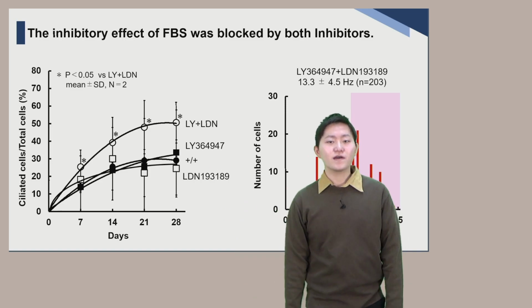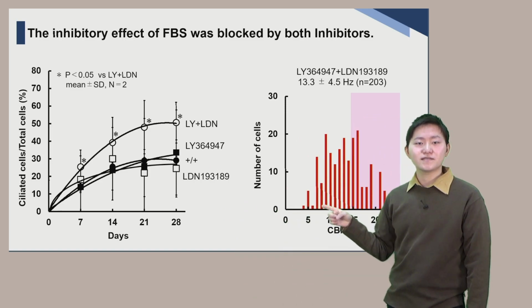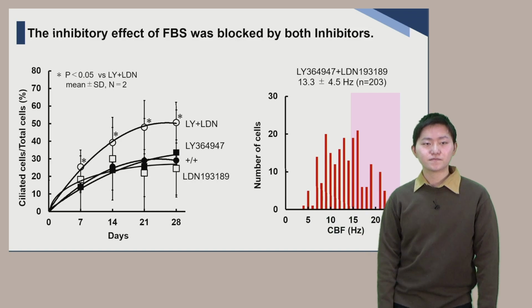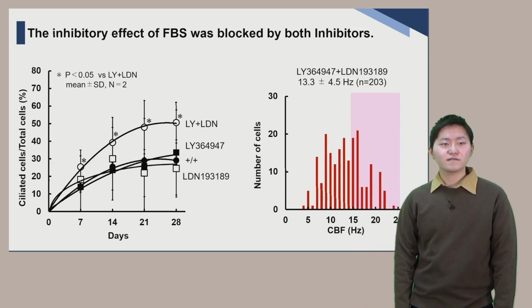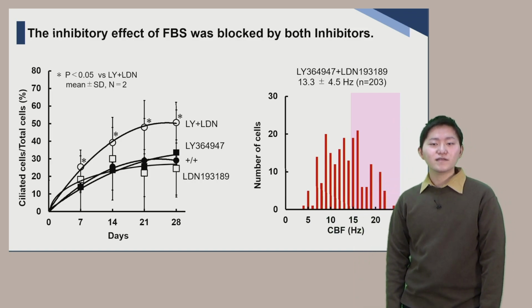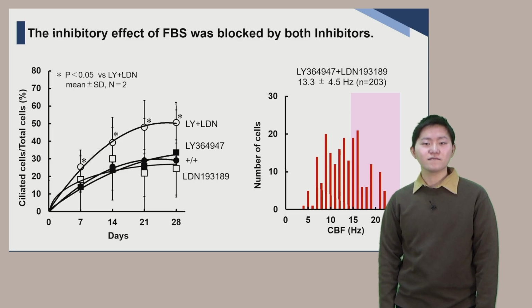The ciliary movement was also recovered by the inhibitors in combination. From these results, it is suggested that not only TGF-β1 but also BMP2 are major inhibitory factors included in FBS involved in differentiation.